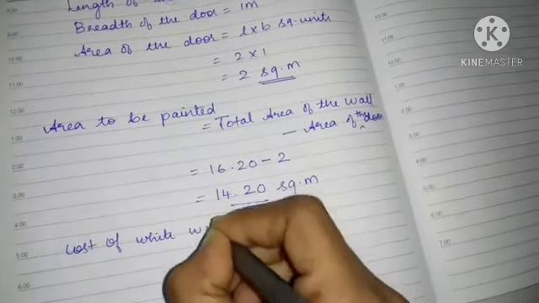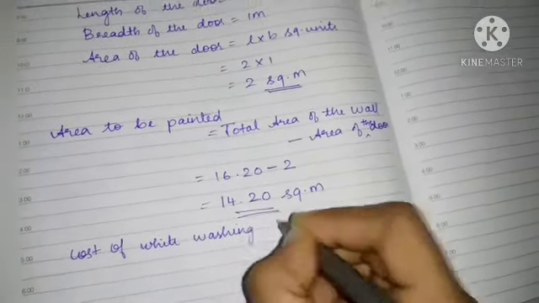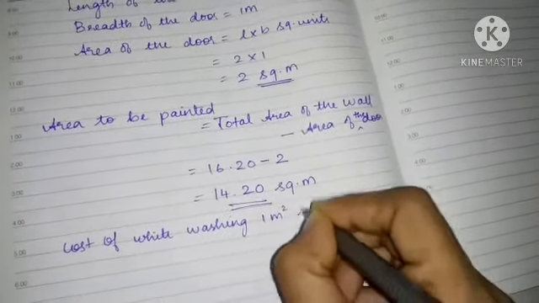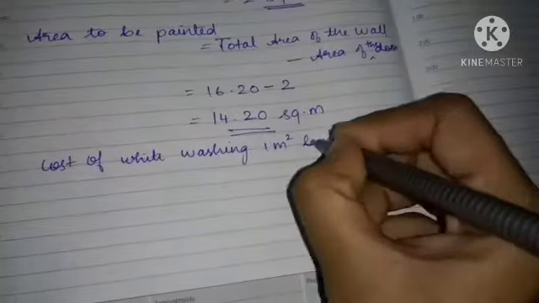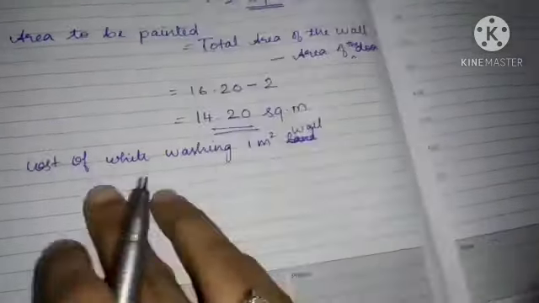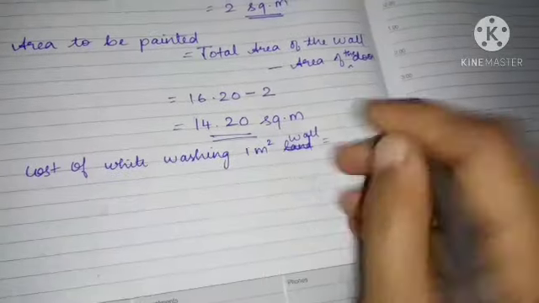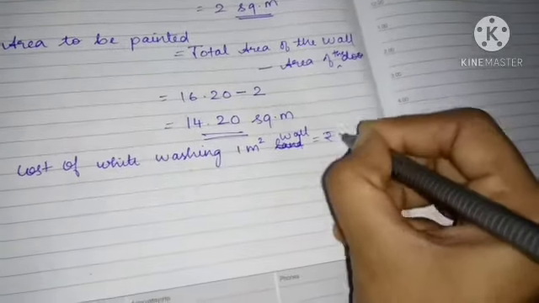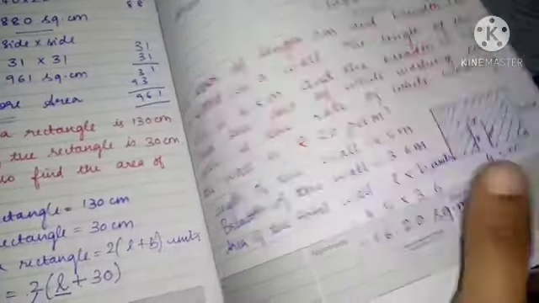Sorry children, it is not land, it is wall. Cost of whitewashing 1 meter square wall is equal to how much rupees? Rupees 20, correct?